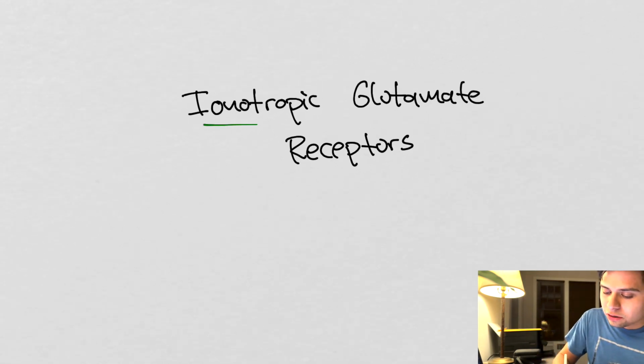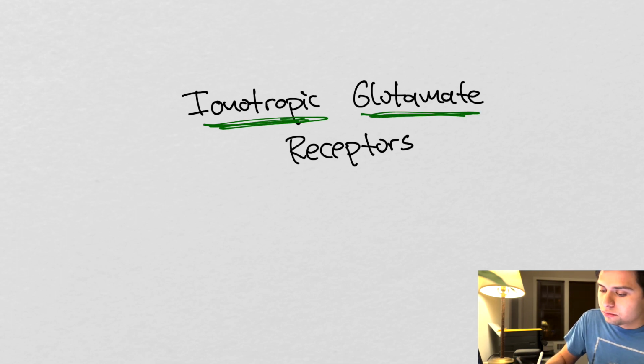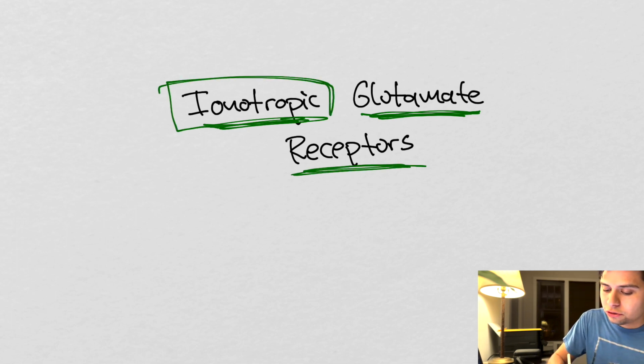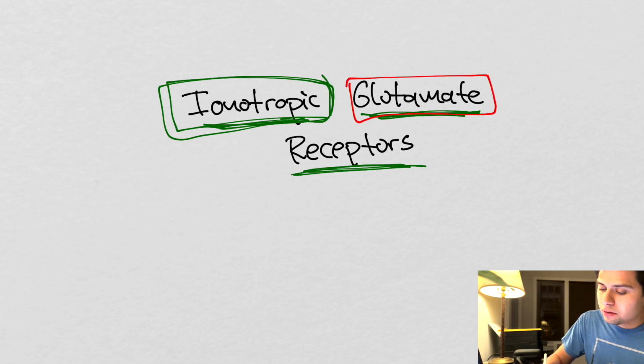What does ionotropic mean, for those of you who don't know? What's glutamate? And what's a receptor? These are good questions. So maybe in this first video, we will cover these few questions.